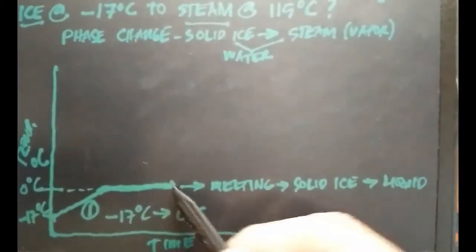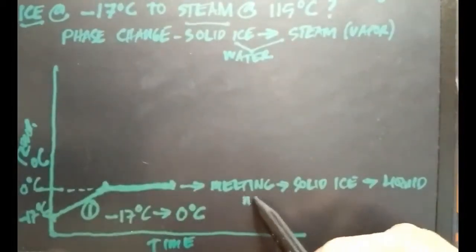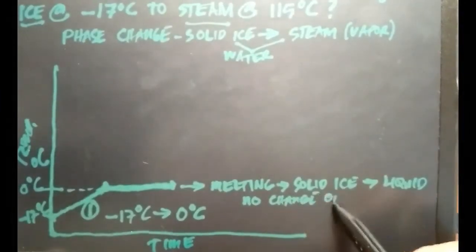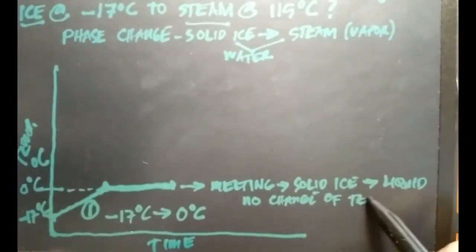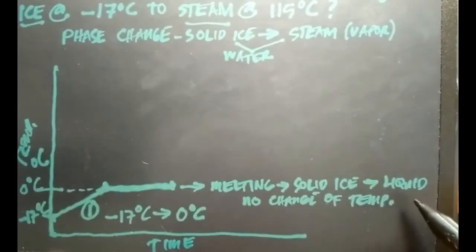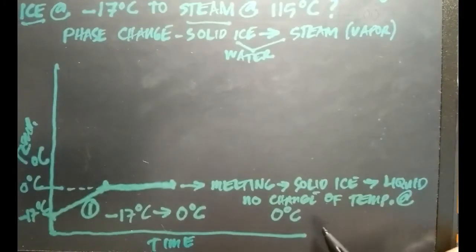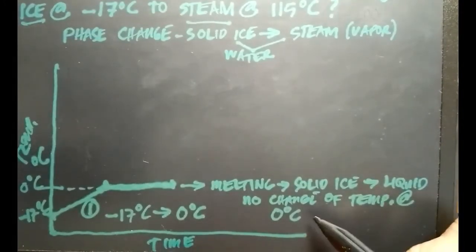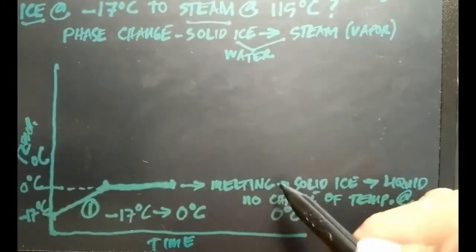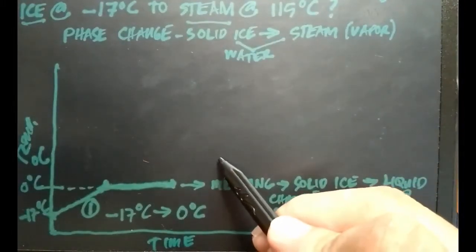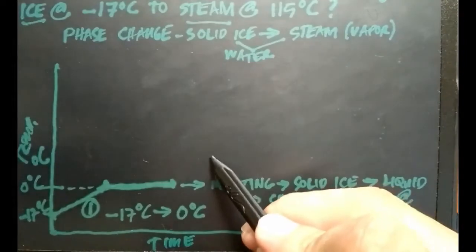If you notice, this is a straight line with the same temperature, no change of temperature, at 0 degrees Celsius. This latent heat of fusion is the energy that we require to change this state without a change of temperature.